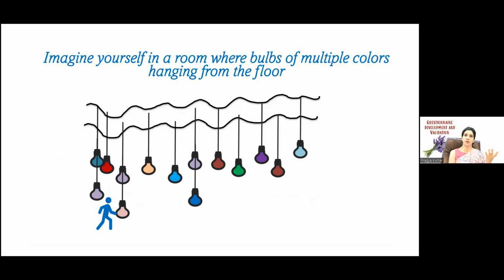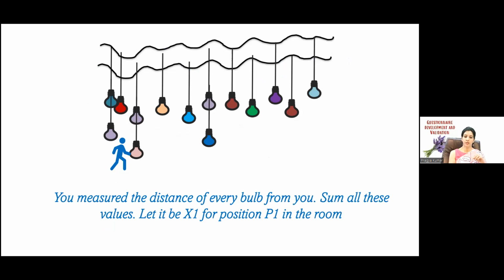Imagine yourself in a room where there are bulbs of multiple colors hanging from the ceiling. By mistake, it is written hanging from the floor; read it as hanging from the ceiling. And you are moving. So you measure the distance of every bulb from you. Just imagine it as 3D.